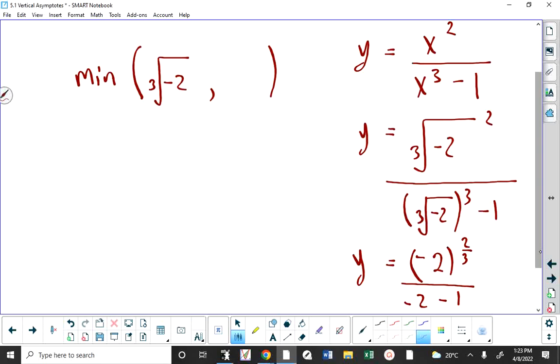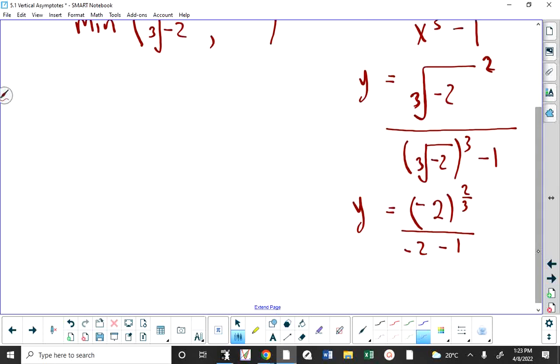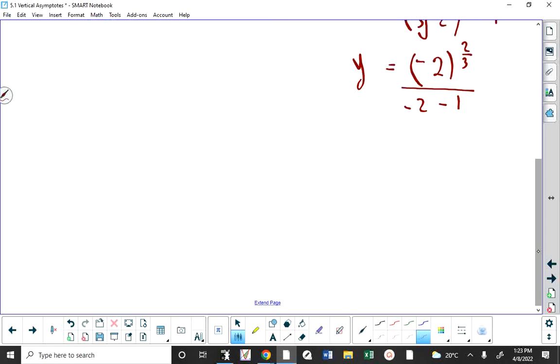I'm combining my third root with a power or exponent of 2 to get an exponent of 2/3. When I cube the cube root, those two cancel, so on the bottom that first part becomes negative 2 minus 1.